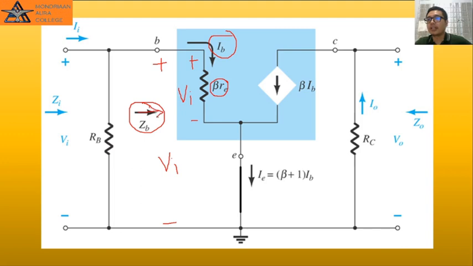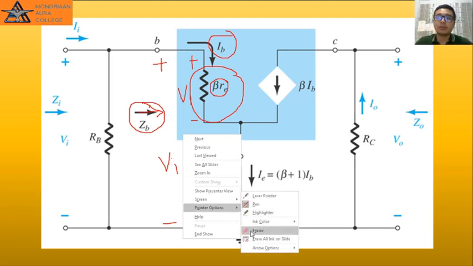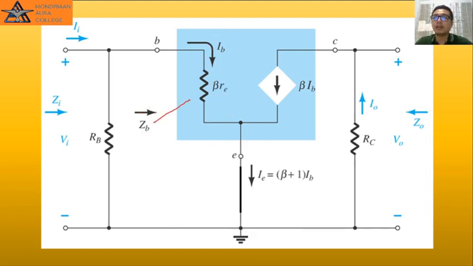Sa base terminal ng ating transistor. Hindi ba't yung beta RE lang? Therefore, Z sub B is also equal to beta RE. Sa previous natin, dun sa unbypass, no, we derived the equation for Z sub B. So in this case, na-simplify yung equation natin for Z sub B because of the bypass capacitor.